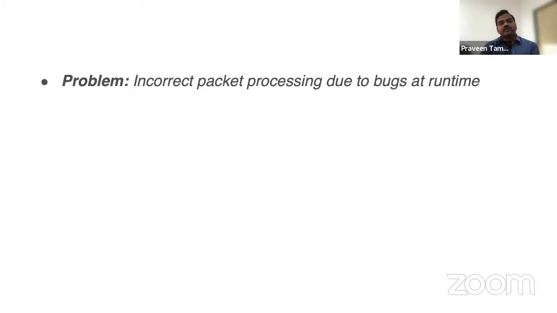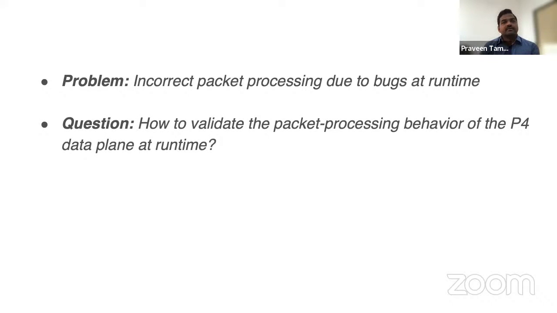So in short, bugs in any of these components in the P4 ecosystem could lead to incorrect packet processing. And more importantly, these bugs would happen at runtime, and it may not be possible to detect them before you place these programs. In such a situation, the question I'd like to ask is how to validate the packet processing behavior of the P4 data plane at runtime.